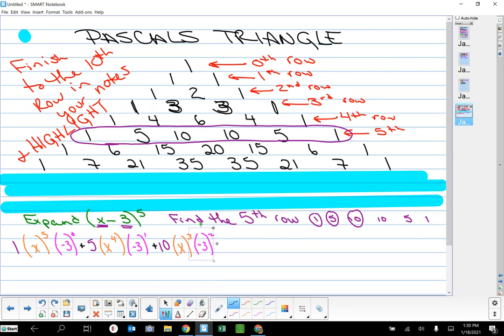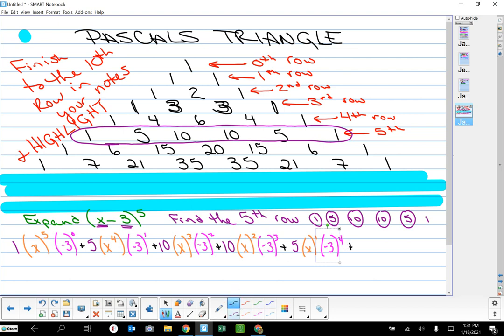And then plus, always a plus. Next coefficient. My x is going to drop a power, my y is going to go up a power. Next coefficient. My x drops a power, my y goes up a power.